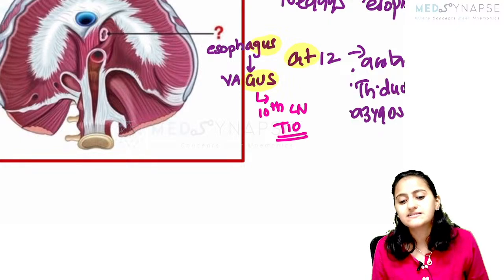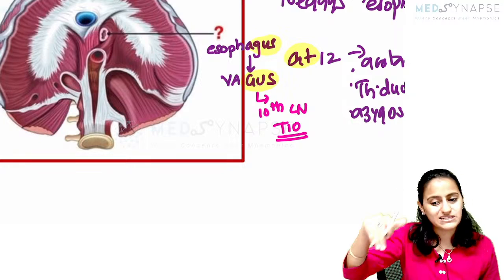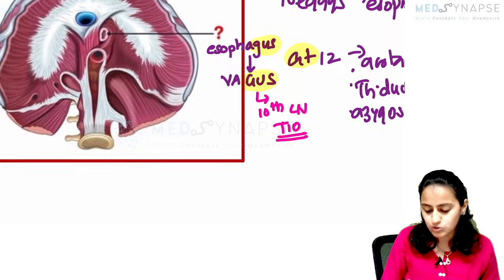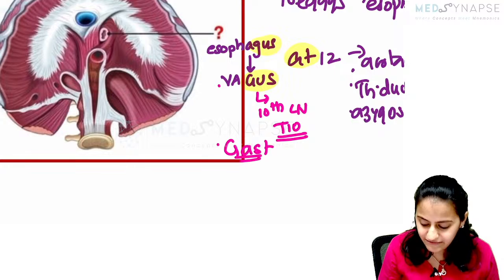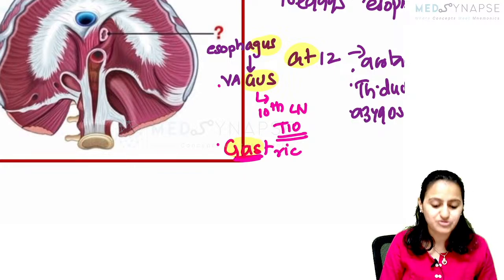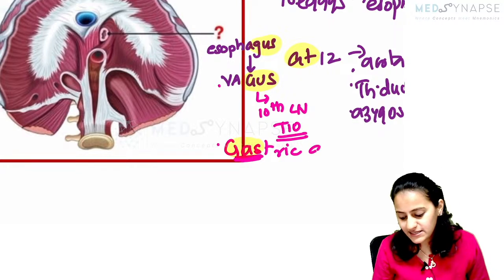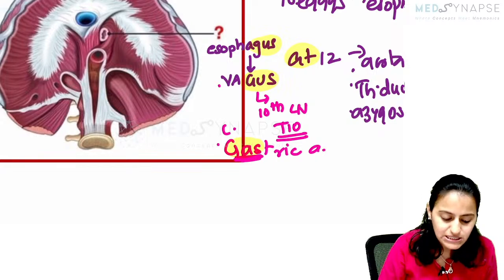So remember, this is at T10 level. Vagus, the 10th cranial nerve, goes through the T10 opening, that is the esophageal opening. So one is vagus, and along with the esophagus and vagus, also remember gastric: the branches of the left gastric artery, the esophageal branches of the left gastric artery.